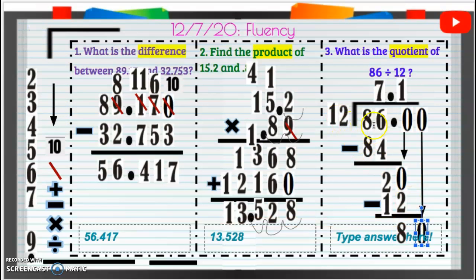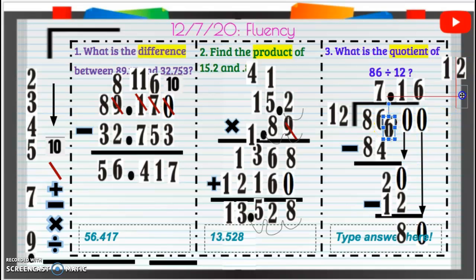Well, I know that 12 times 7 is 84, and 12 times 6, let's do it off to the side, 12 times 6.